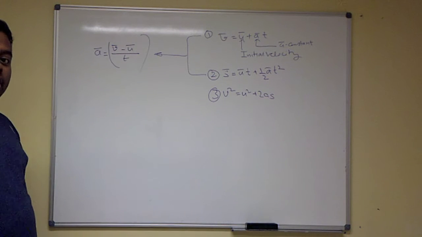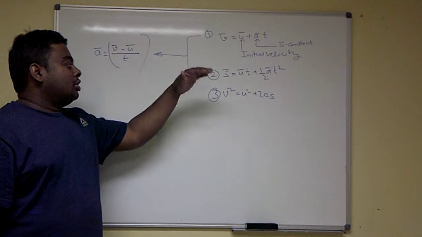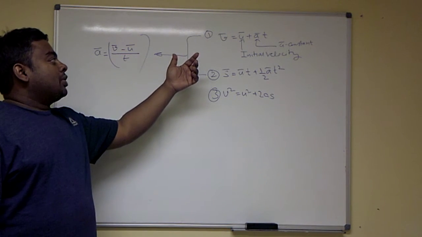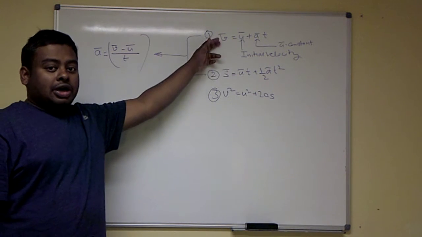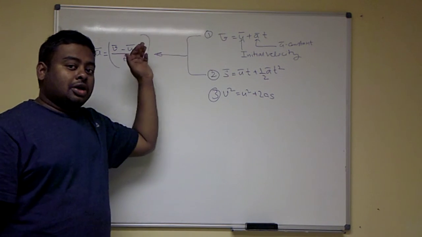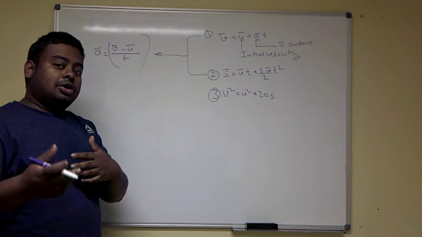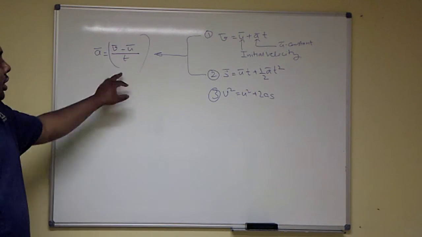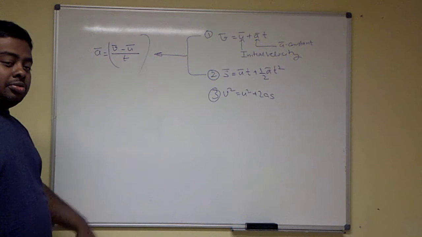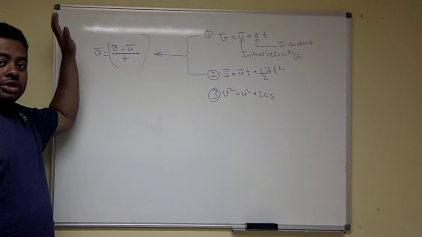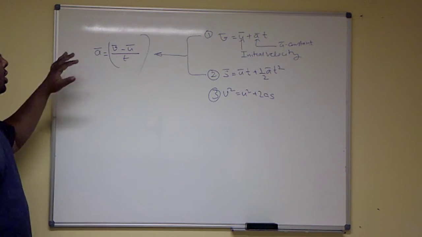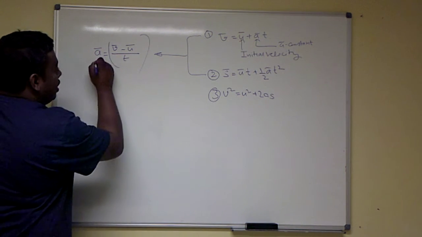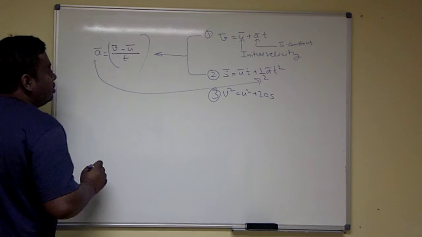Or you can first subtract u vector from both sides, and then divide the equation thereafter by time, in order to arrive at this rearranged equation for getting the acceleration vector. Okay, once you get that, now we'll throw this in equation number 2.